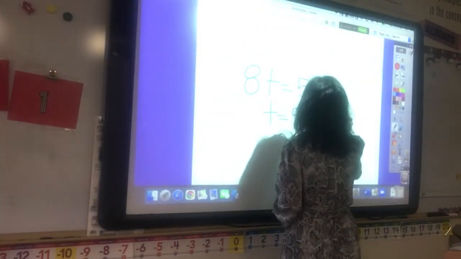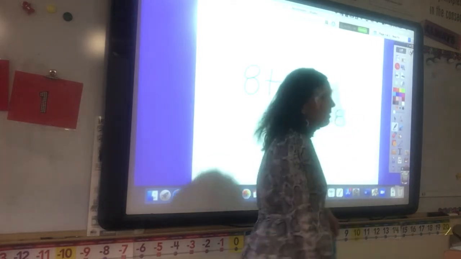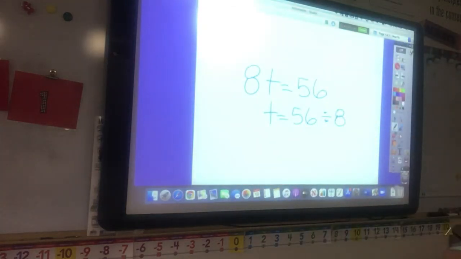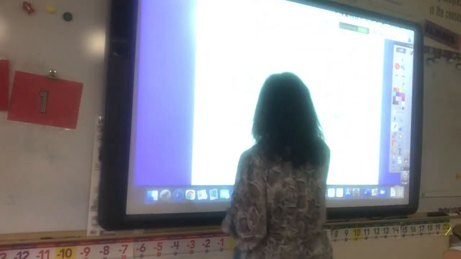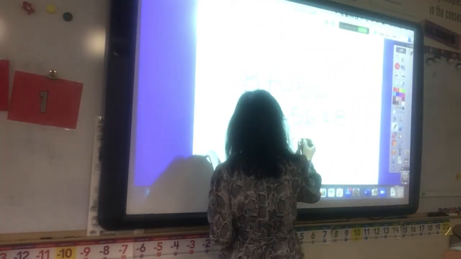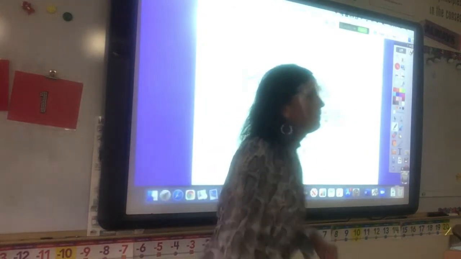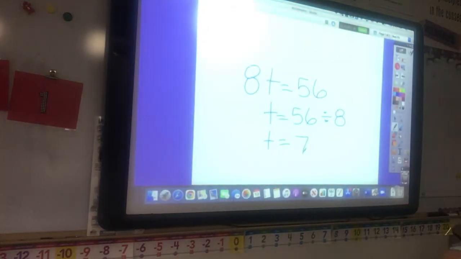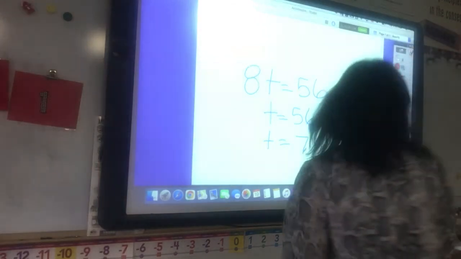So our middle step is 56 divided by 8. And then we solve. So what would our final step be, Annika? T equals 7. That's what you would put on your test: that middle step and then your answer. So t equals 56 divided by 8, t equals 7.